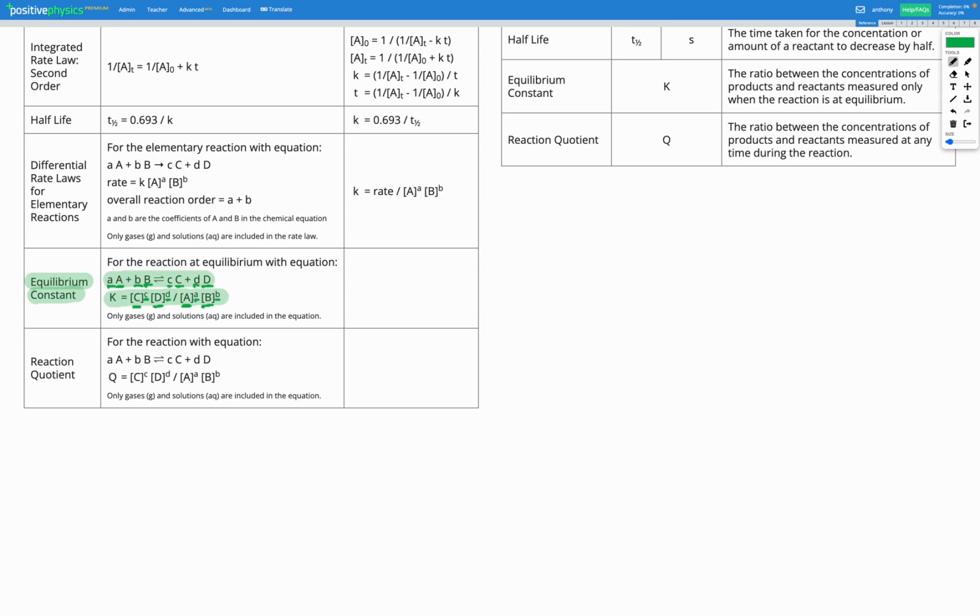So to summarize, in our expression for K, the top of the fraction has the concentrations of our products to the power of their coefficients divided by the concentrations of our reactants to the power of their coefficients. However, there's an important note here. Only gases, shown with a G, and solutions, shown with an AQ, are included in the equation. So if we have solids or liquids, those are not going to appear in our equilibrium constant equation.